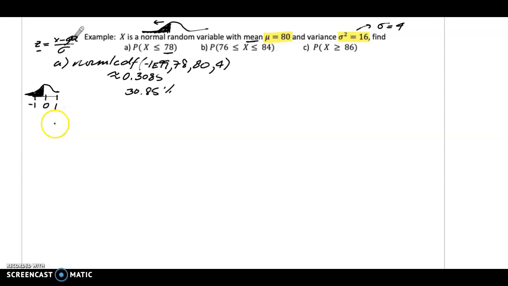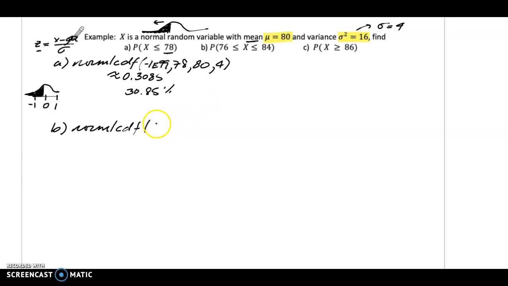So here is B. Now we're going to do something like this, and then I'll show you a trick around it. What you will see here is, again, we can use the normal CDF.